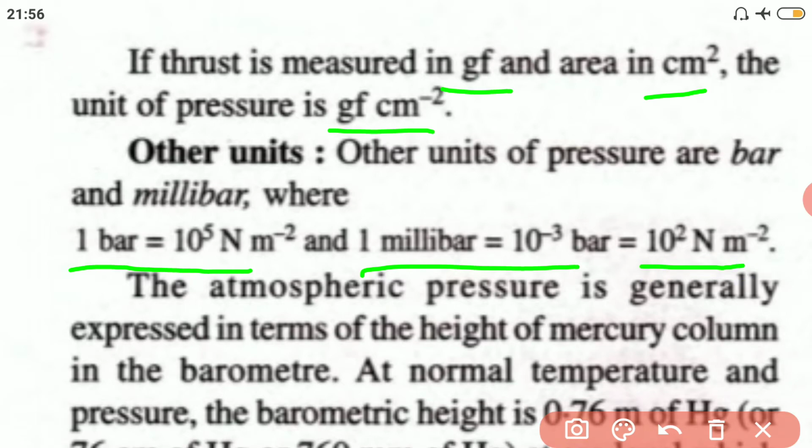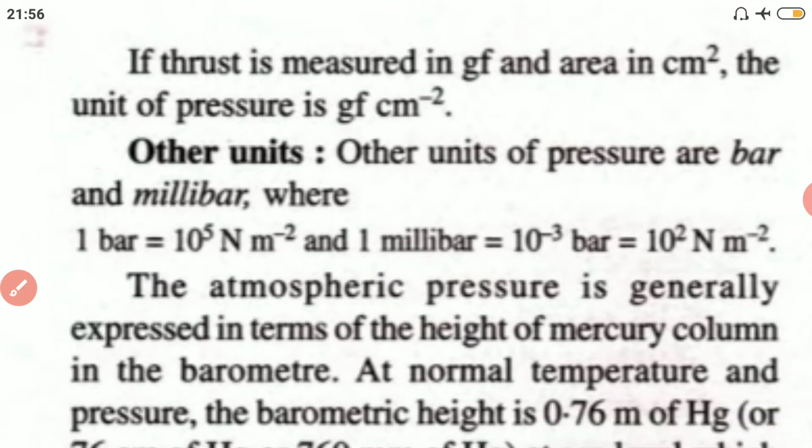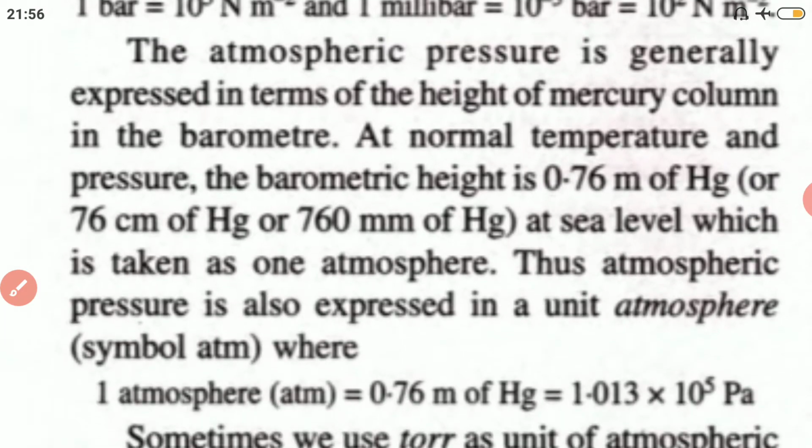These are a few relationships which you need to remember. The atmospheric pressure, which we will study afterwards and which you have studied in class 8 also, is generally expressed in terms of height of mercury column in the barometer. You'll understand this when you do the barometer. This you haven't done in class 8.